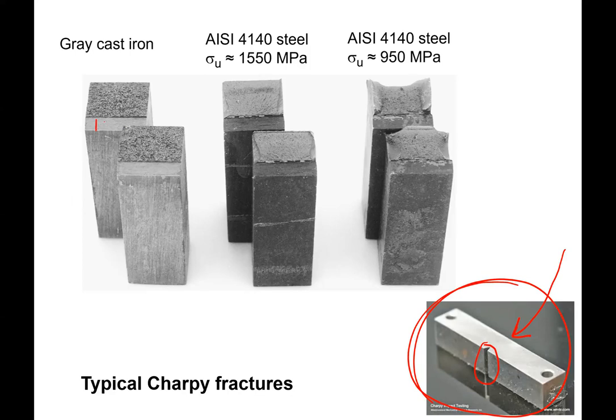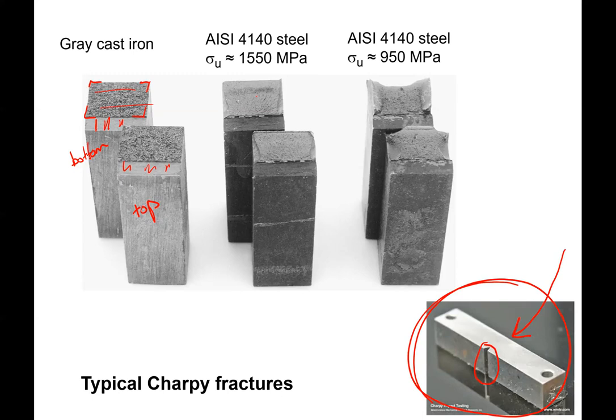So here's that V-notch, right? These two samples are the top and the bottom of the specimen. And you can see this behavior looks very brittle. We're keeping all the nice sharp corners of the cross-section of the sample. You don't see any changes in cross-section. You get a nice flat fracture right across the sample.